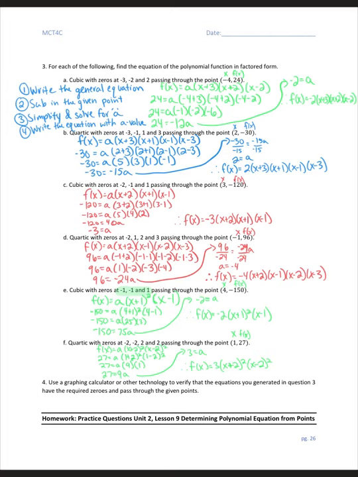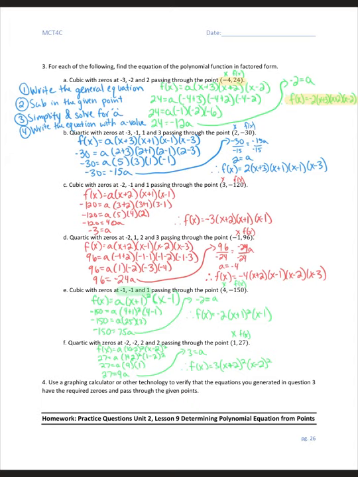So I'm going to substitute into Desmos this equation we got for 3a. I'm going to plug in f of x equals negative 2 times x plus 3 times x plus 2 times x minus 2. And we're going to make sure that we have those zeros that were given to us and that the graph also goes through that point negative 4, 24.